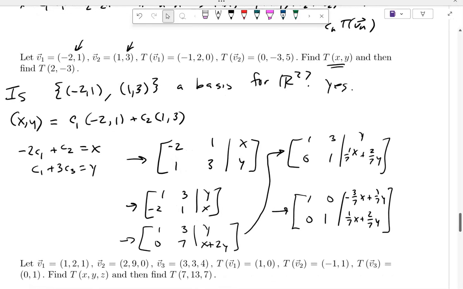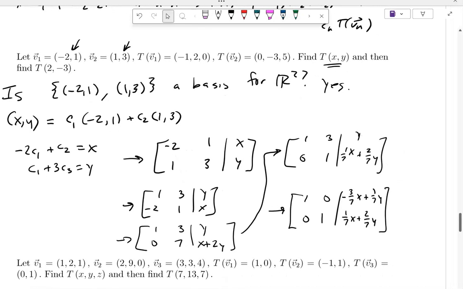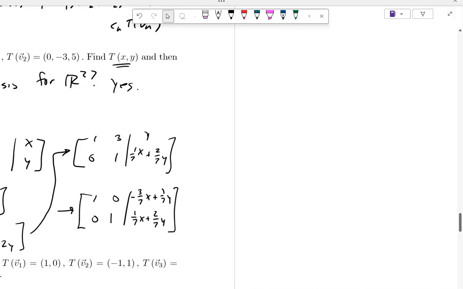All right, so what did we find here? What do those expressions represent? Yeah, the generic C1 and C2, right? So for any xy, I know that C1 is -3/7 x plus 1/7 y times the V1, which was -2, 1.